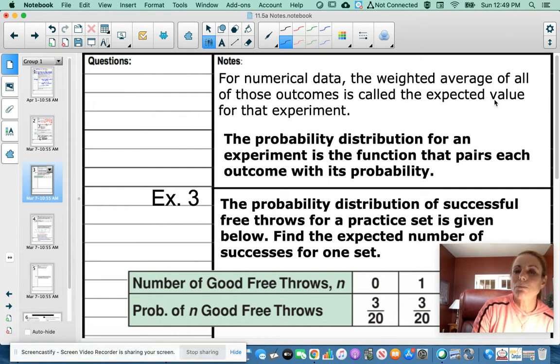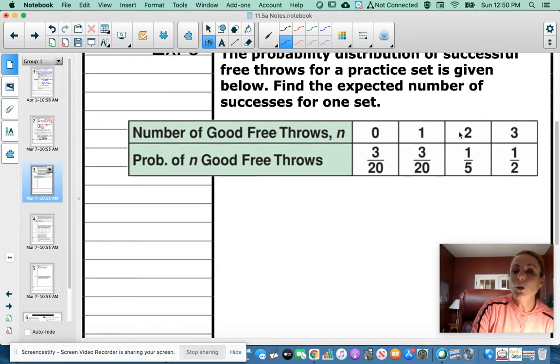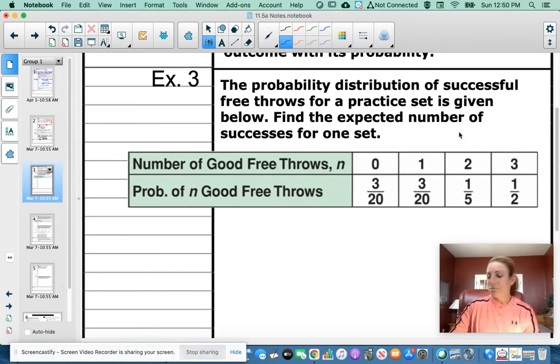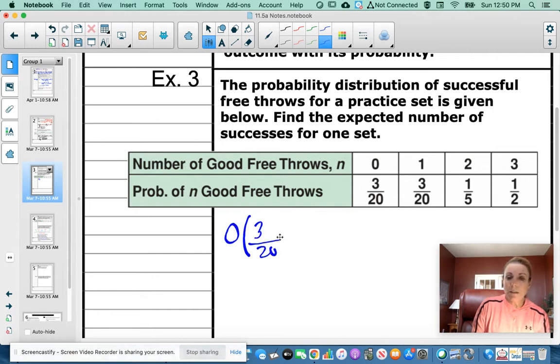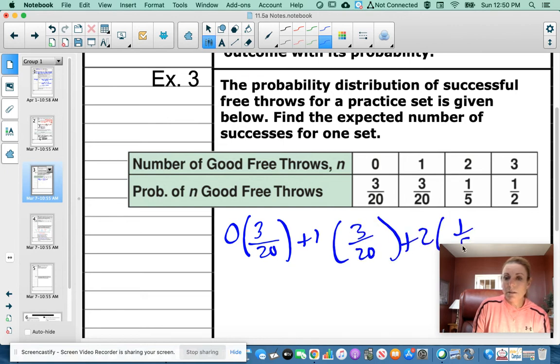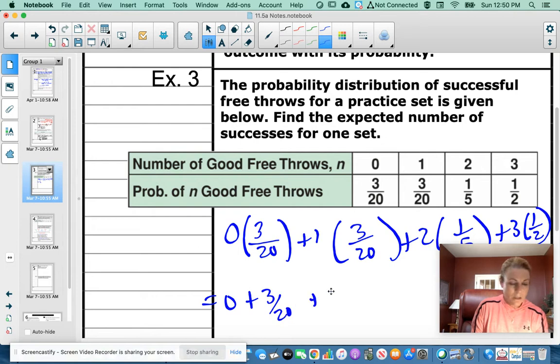Remember, expected value, weighted average is an expected value. When you are given the number of outcomes and the probability of those outcomes, this is a scenario where you're going to take the number of outcomes times its probability. And so forth all the way. When I do that, I get 0 plus 3 over 20 plus 2 over 5 plus 3 over 2.